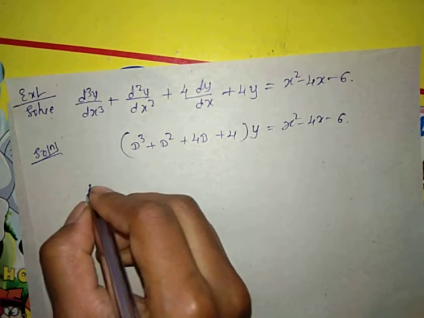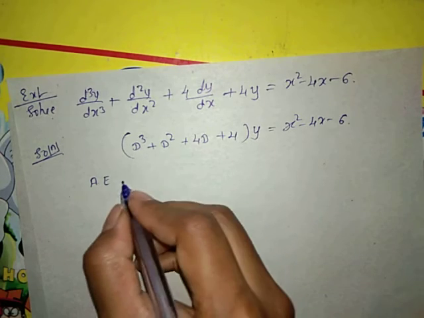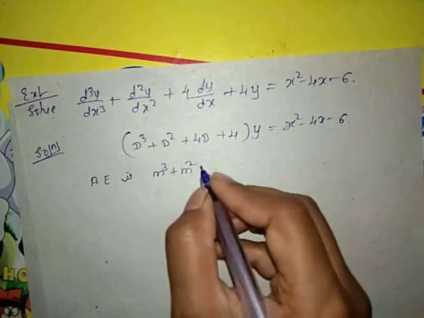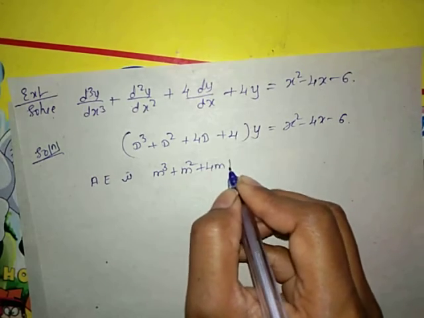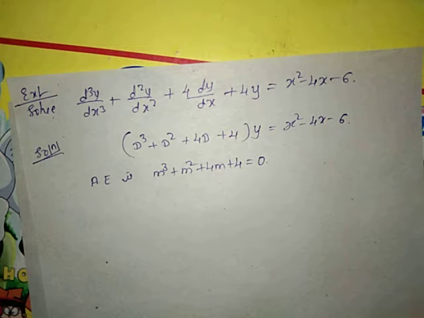Now our auxiliary equation is m cube plus m square plus 4m plus 4 is equal to 0. Here the roots of the auxiliary equation can be found by two methods.